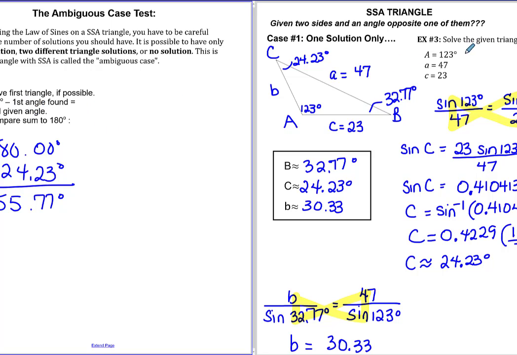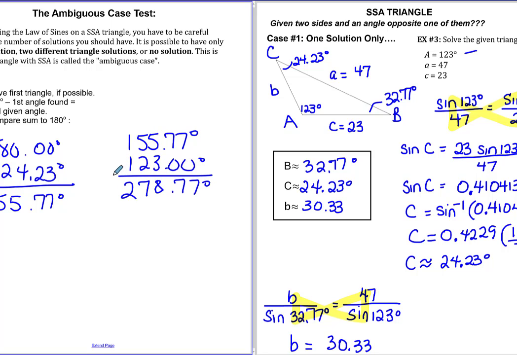And then add the given angle. Well, the given angle was 123. So if we have 155.77 and I add the given angle that can't be changed, I end up with a value of 278.77. This amount, when I compare it to 180, is much bigger than 180.